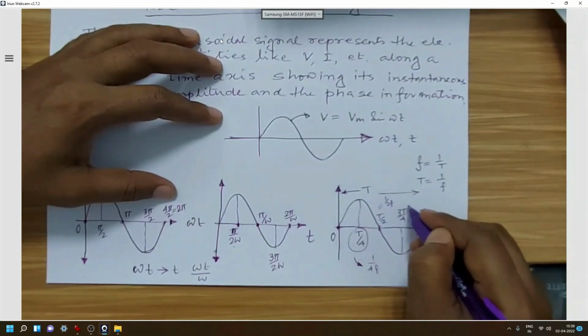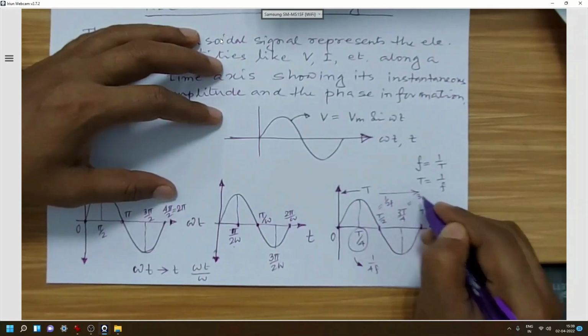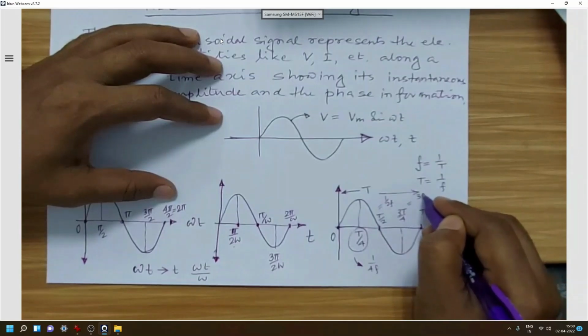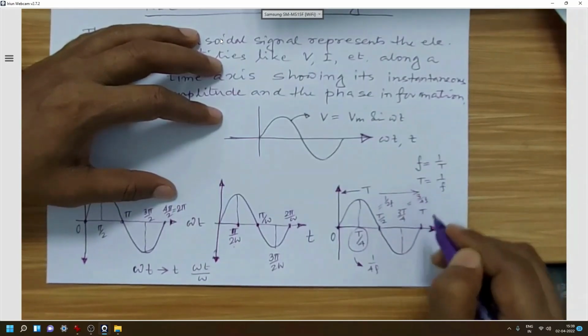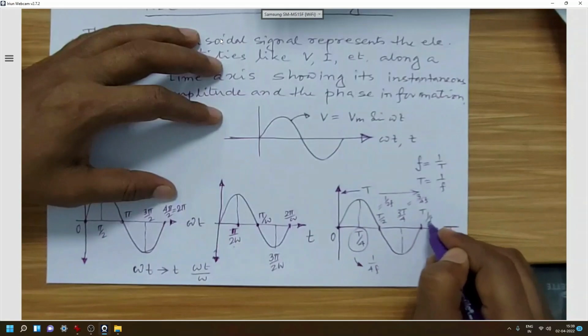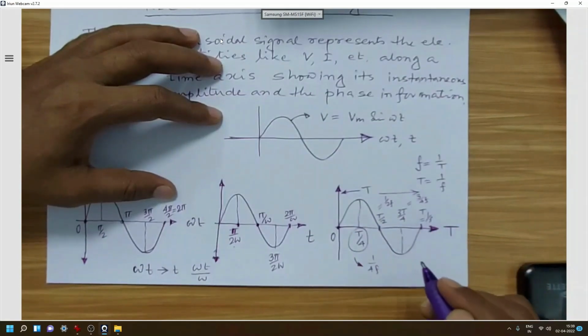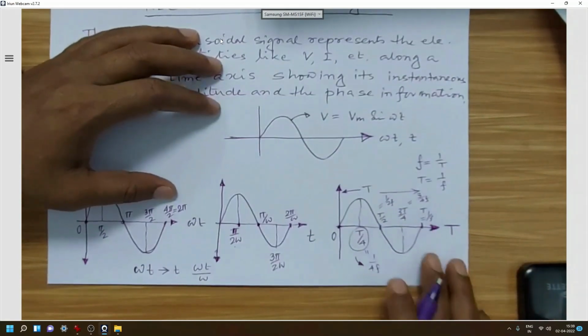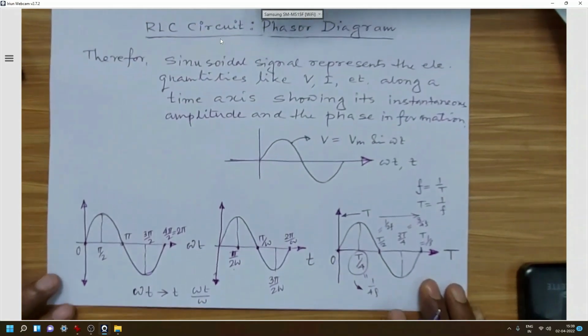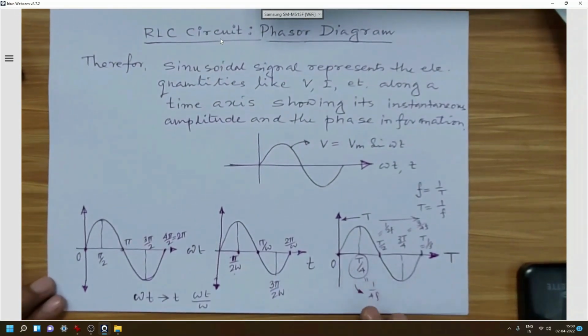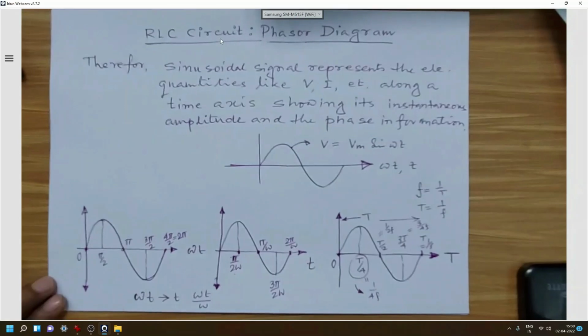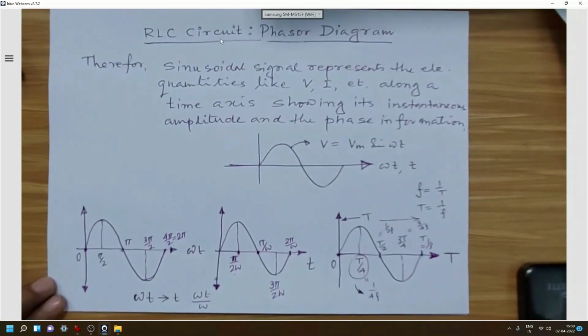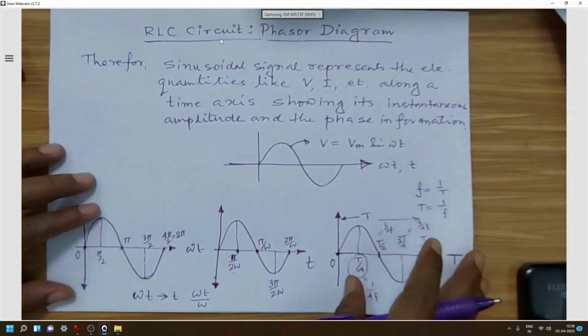This will be 3 by 4f, and it will be simply 1 by f. So like that we can change the axis as per our requirement and convenience for any sinusoidal waveform.